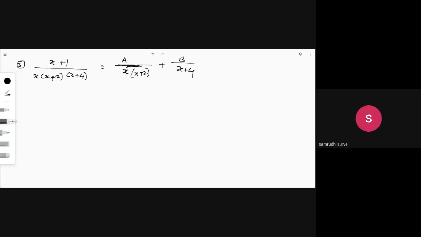Can it be a by x plus b by x plus 2 plus c by x plus 4? Yes, exactly. It has to be in that form. Mansi, when you're writing down partial fractions, you don't keep multiplication in the denominator. Sir, I understood. So that is a upon x plus b upon x plus 2 plus c upon x plus 4.